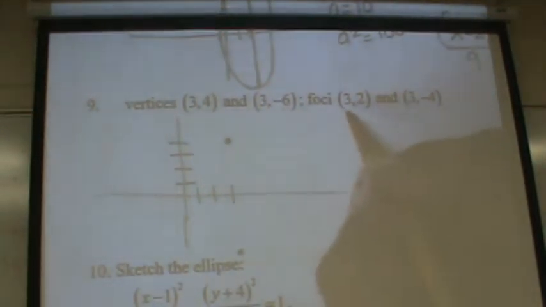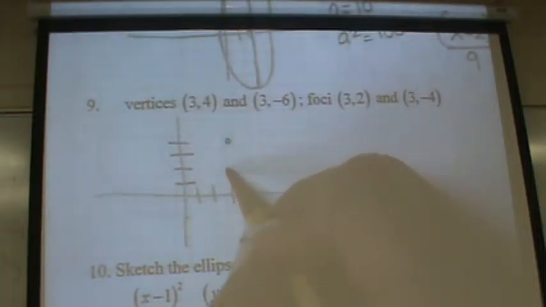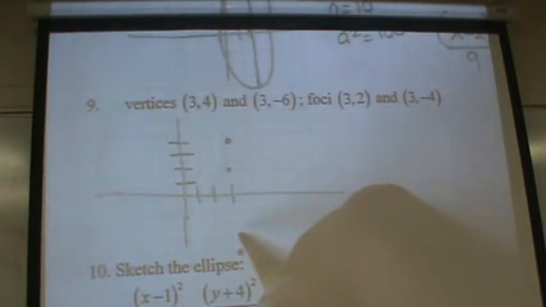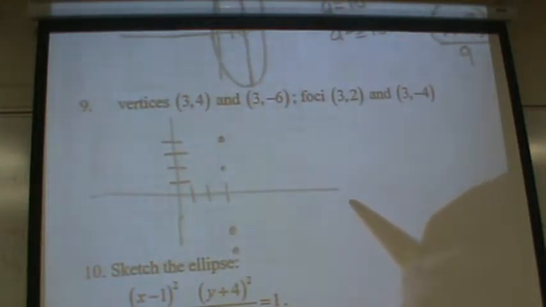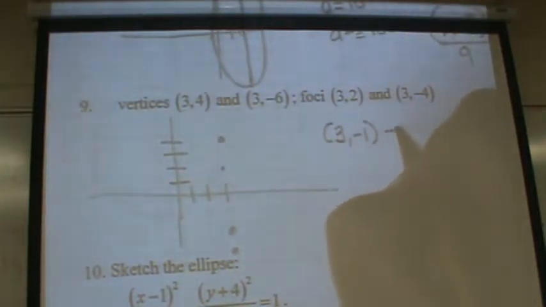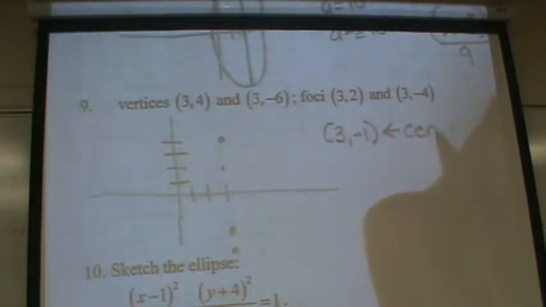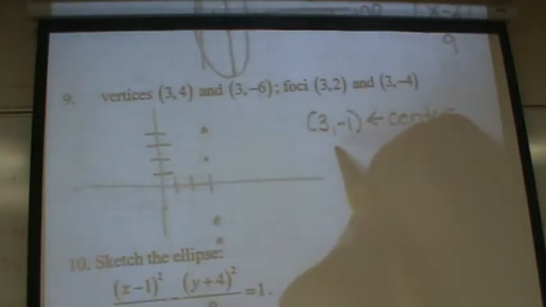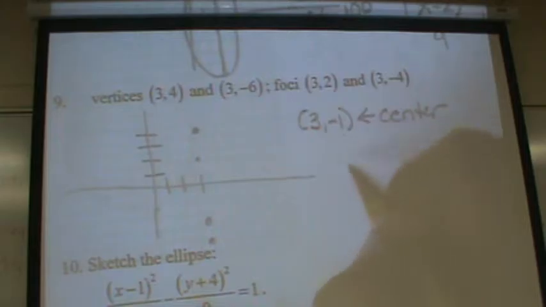Your fixed points are 3, 2, and 3, negative 4. So help me out. What do you know? The center is 3, negative 1. How'd you find that out? Midpoint. Good job, Sam. That's your center.